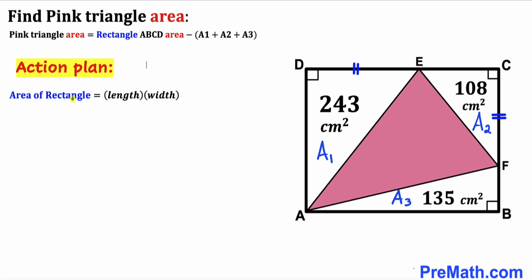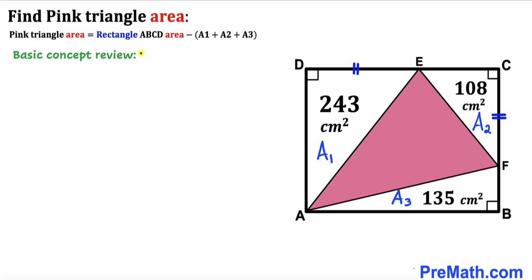And now let's recall the area of a rectangle formula. Area equals length times width. And now we can see that this AB is the length of this rectangle, and this AD is the width of this rectangle as well. So therefore now our task is to calculate this length AB and this length AD first.